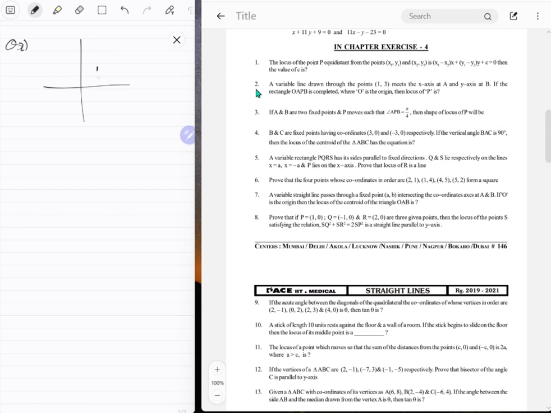Why points? It should just be a point. And you draw a line through it, and it meets the x-axis and y-axis at A and B. O is probably the origin. Rectangle OAPB is complete, and in that order, I think.